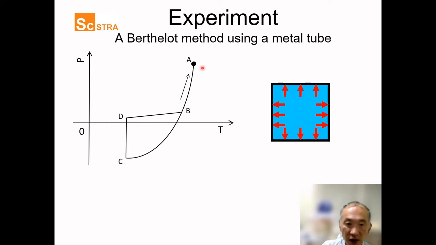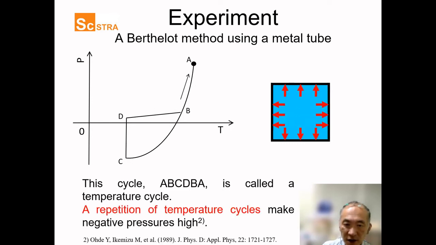This cycle A, B, C, D, B, A is called a temperature cycle. A repetition of temperature cycles makes negative pressures high.